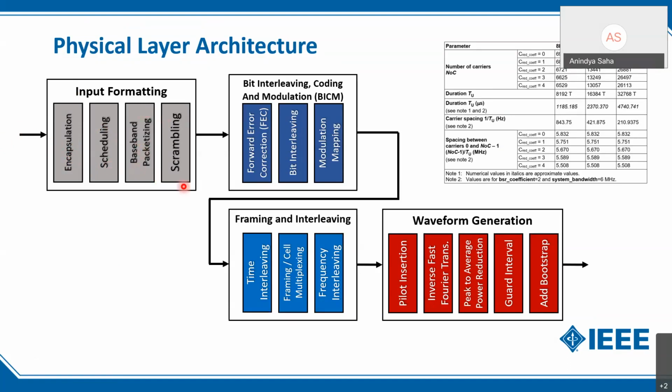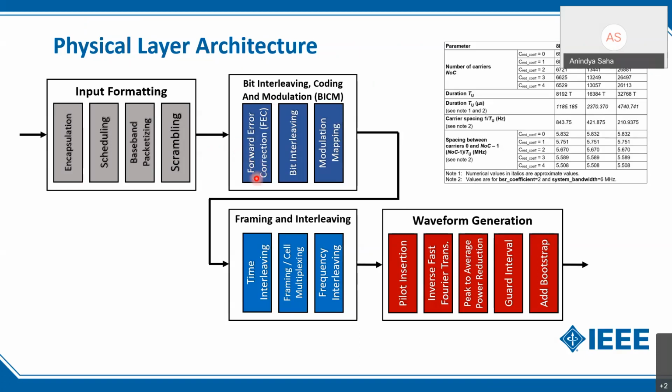Once it is packetized, it goes through the scrambling block, which scrambles the data. Out of this input formatter, you get what are called multiple physical layer pipes. Just remember this word PLP, because we'll refer to this again in the next slide. What goes as an input to the next module, which is the BICM module, is multiple PLPs.